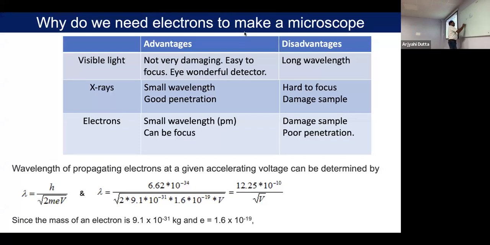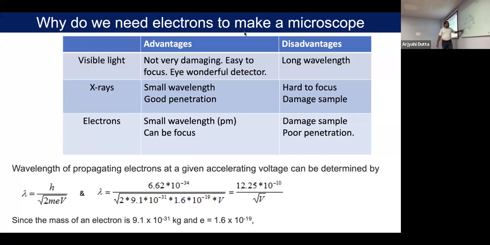Now, if we consider any electron, the potential energy and kinetic energy are equivalent, so eV equals one half m v squared. Here V is the voltage, e is the charge of the electron, m is the mass of the electron, and v is the velocity of the electron.